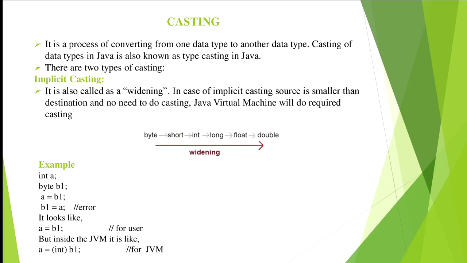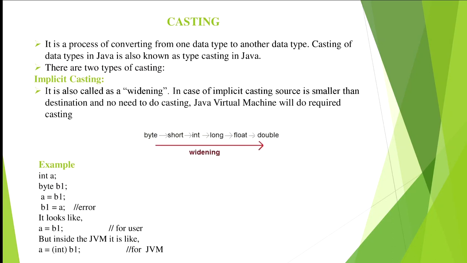Integer. b1 is the source and a is the destination, because we are going to store the value of b1 to the variable a, and that's why the source is smaller than the destination. The data type of b1 is byte and its storage capacity is only 1 byte, and for integer it is 4 bytes. So it is larger than the byte.